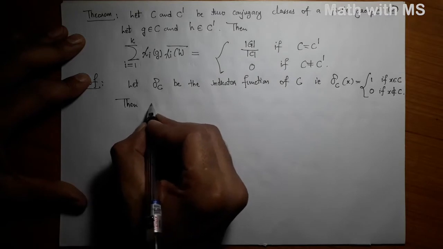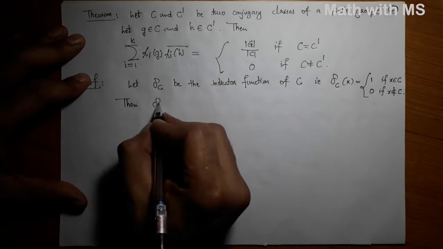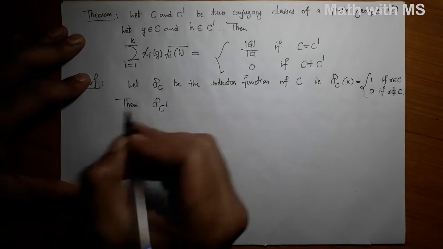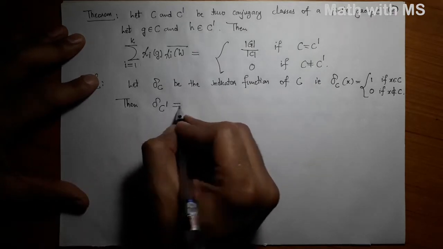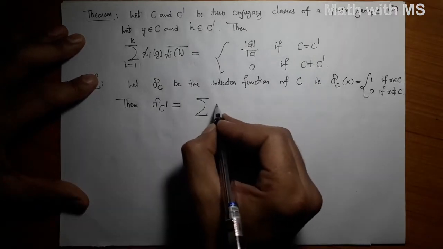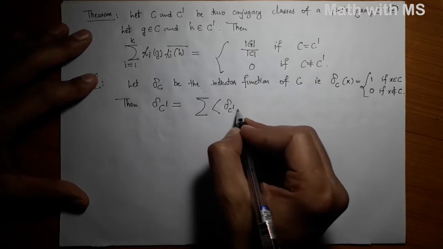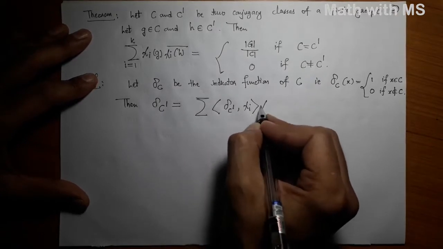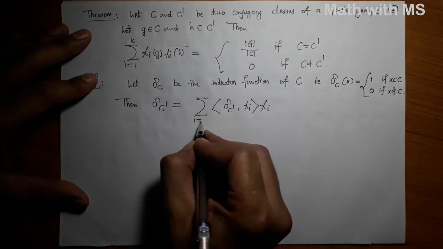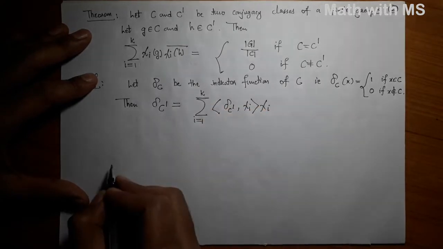So then I can write delta of C prime as summation of the inner product of delta of C prime with chi of i, where i going from 1 to k.